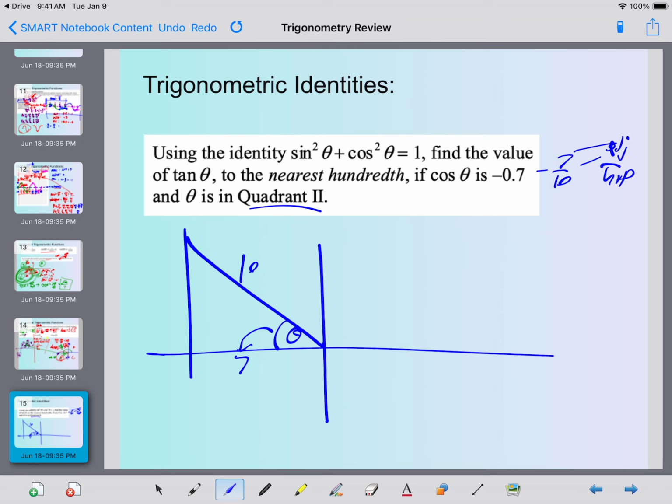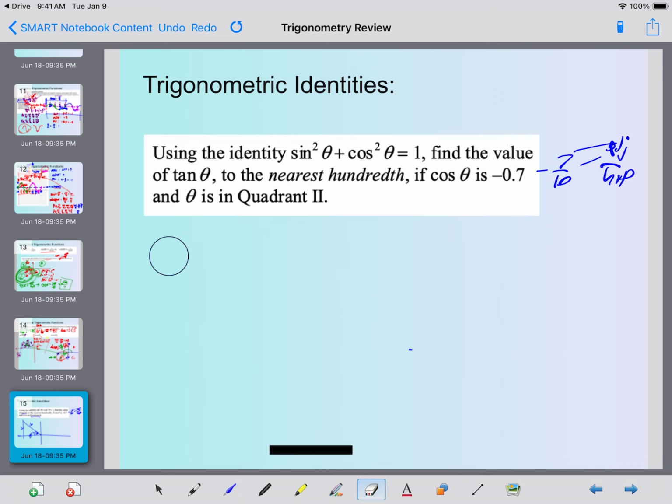We're finding the value of tangent, so you would still have to find your opposite side, and then do opposite over adjacent. That's something you could do. It does ask you to use the identity, though, and it's much easier to use it.